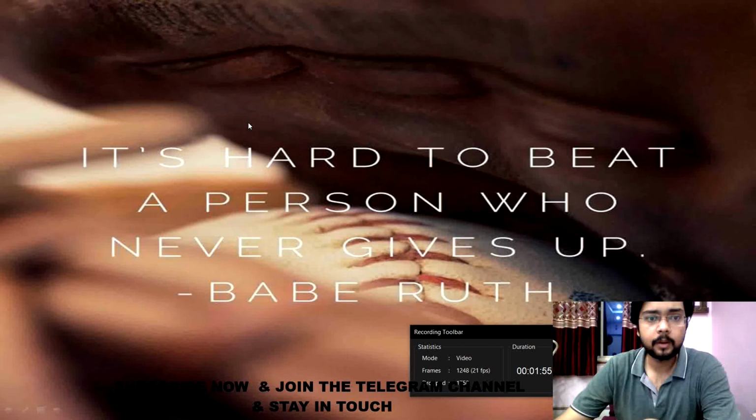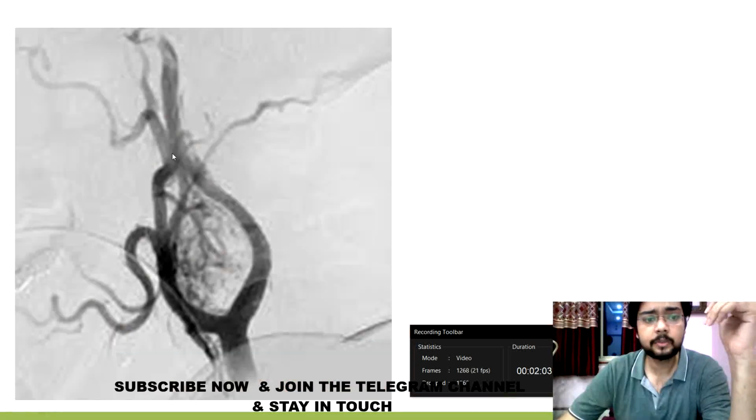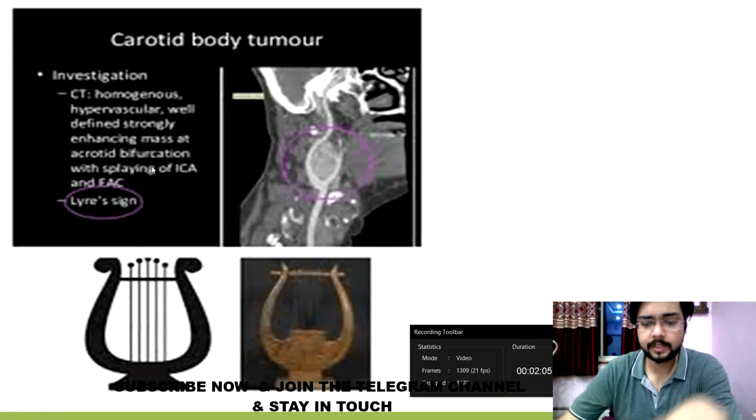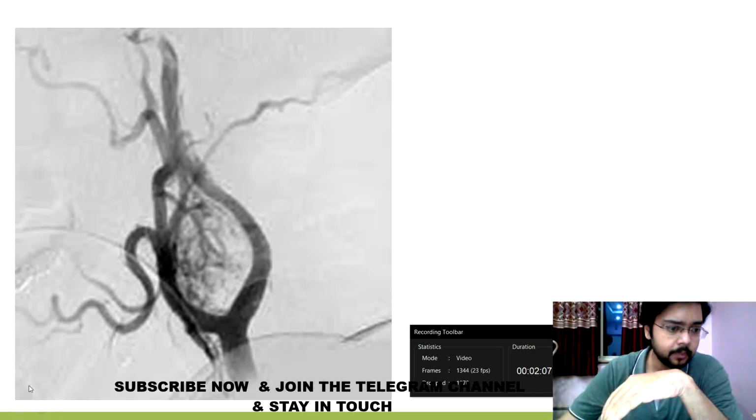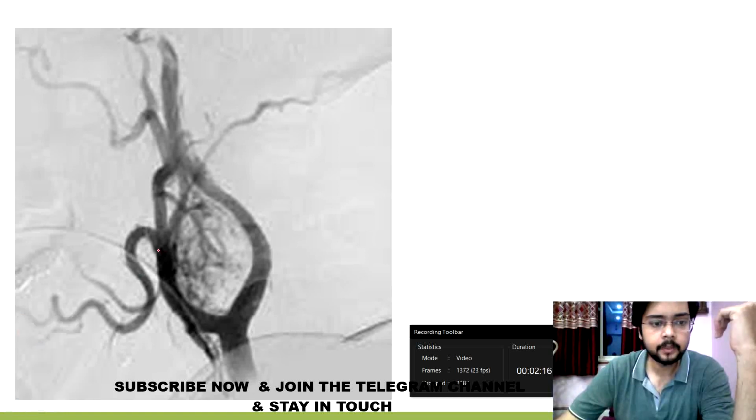Now, starting with the first question, can you tell which sign this angiographic finding is telling you? Here you can see a vessel which is splayed around some mass. It is also a vascular mass.